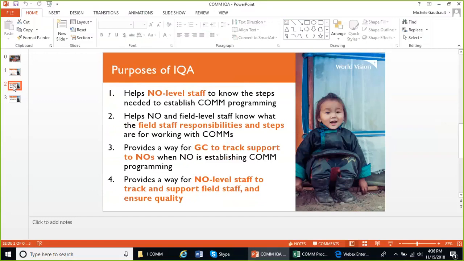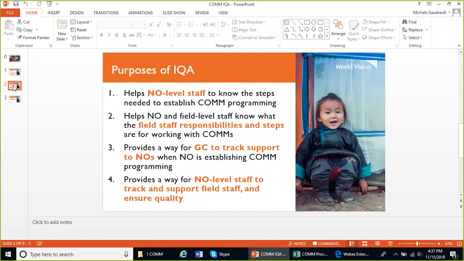It helps the national office staff make field visits perhaps or ask the field staff to report back on that implementation tab on a periodic basis. Yeah, I think I'm answering your questions as I go through this.